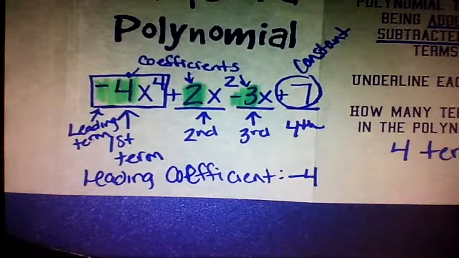They call this a quartic. 4, quarter, quartic. Just like bicycle, bi means 2, 2 wheels. So the degree on this polynomial is 4.